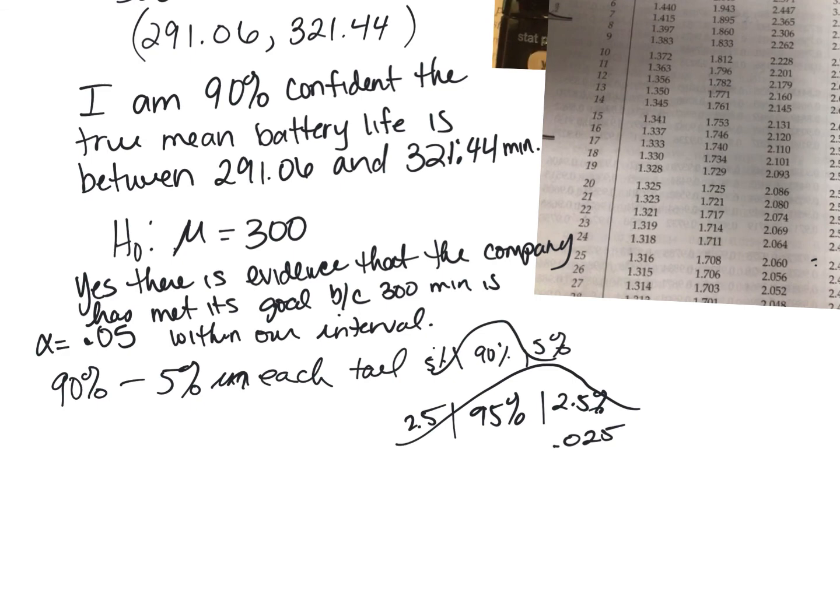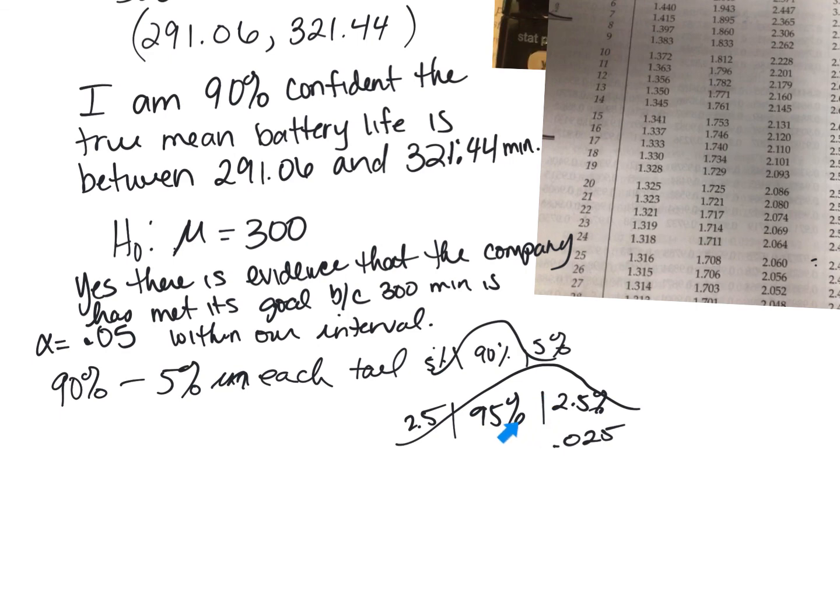Because we created that 90% interval, our alpha level was chosen for us by the fact that we're making a 90% confidence interval. So in the end, a 90% confidence interval is two-sided, right? There's 5% on each side and the 90 is in the middle. So that confidence level of 90% means a 5% alpha level.